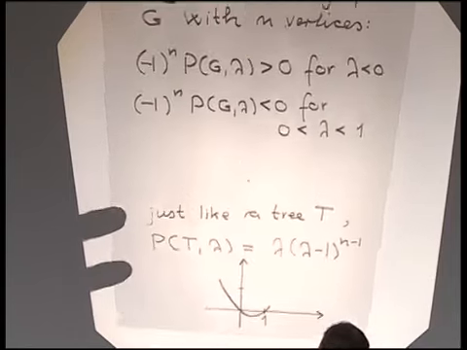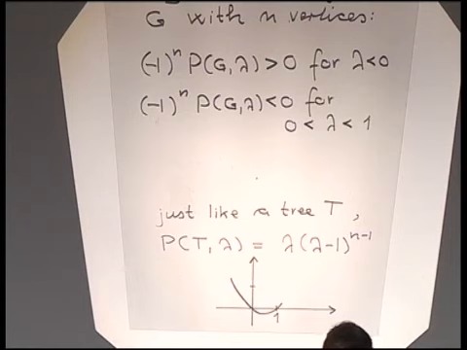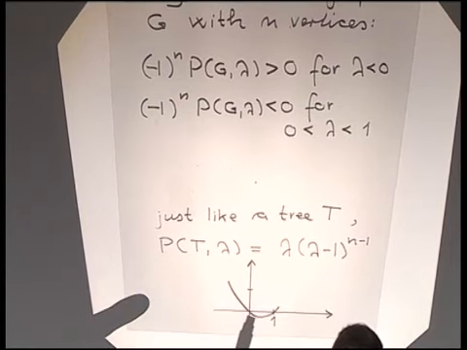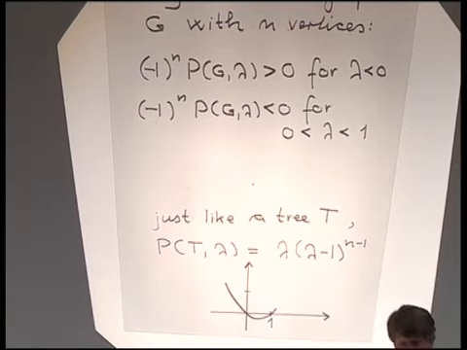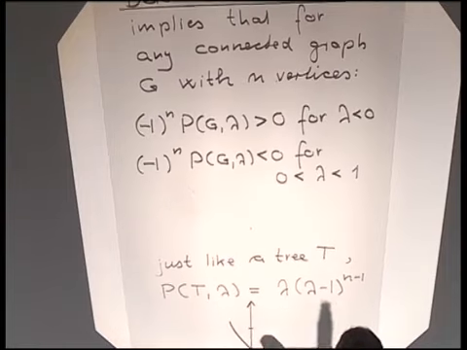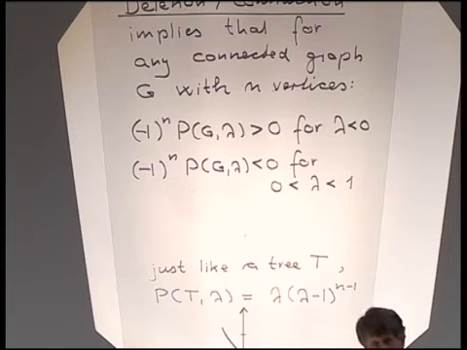In other words, the chromatic polynomial behaves like a tree for lambda smaller than 1, except that the sign here between 0 and 1 also depends on the number of blocks, I think. So for lambda smaller than 1, the chromatic polynomial is not so interesting if we just are interested in roots, because there is only 1 and 0.